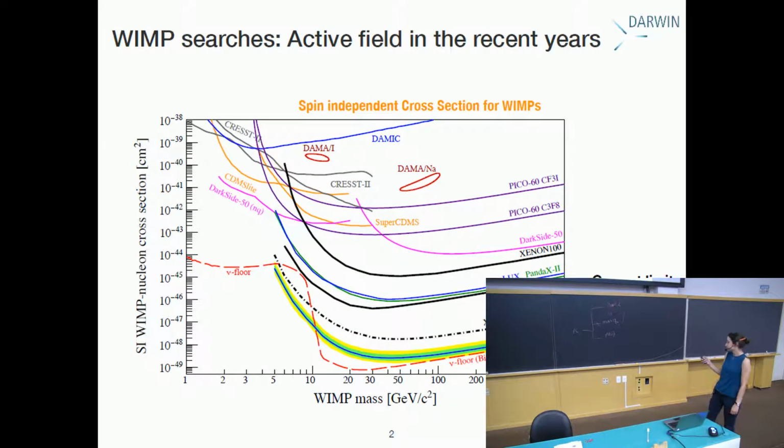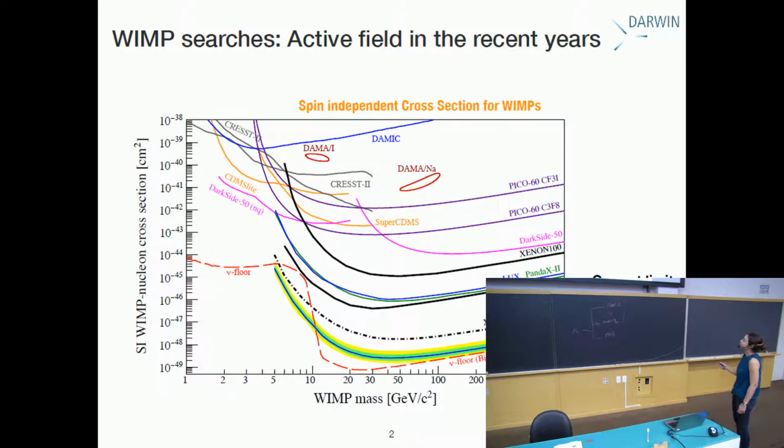So this is the scenario right now. These are all the dark matter exclusion limits that we have around, more or less. We have here all the noble liquid experiments that set competitive limits, like DarkSide, like LUX, like XENON.